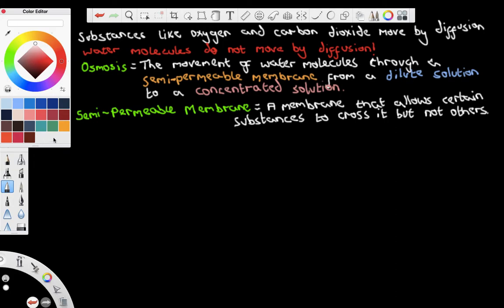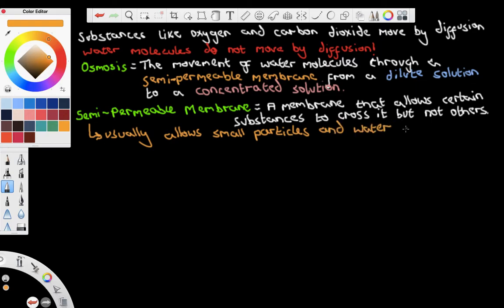So we can just put underneath here, we can say that it usually allows small particles and water to cross it, but not large molecules.